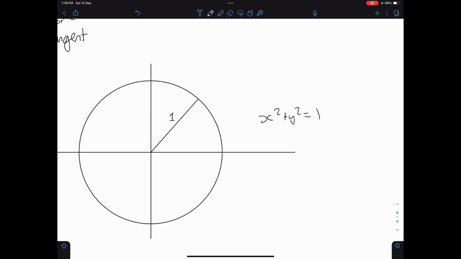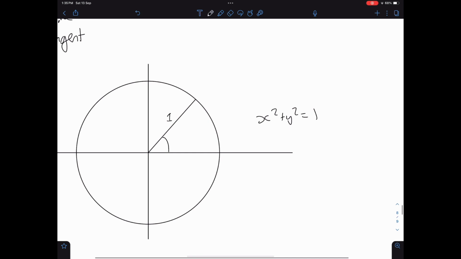Now if we've drawn that, I've drawn a radius here, and that makes an angle with the x-axis, and by definition, this point up here will be cosine theta, sine theta. And so that would tell us that this bit here is cosine theta, and then this bit here is sine theta.